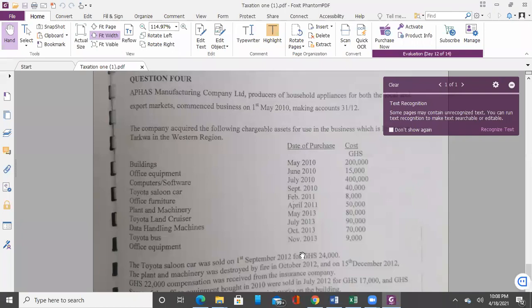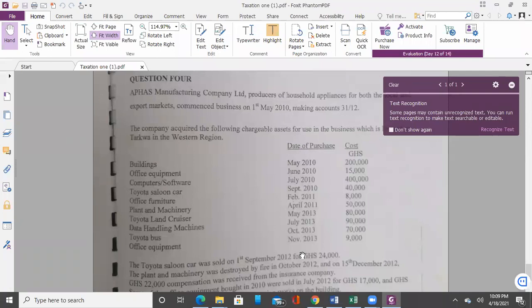So you can see the assets that have been purchased and their respective date of purchase and the cost at which they were purchased. Then you have some additional information to it.